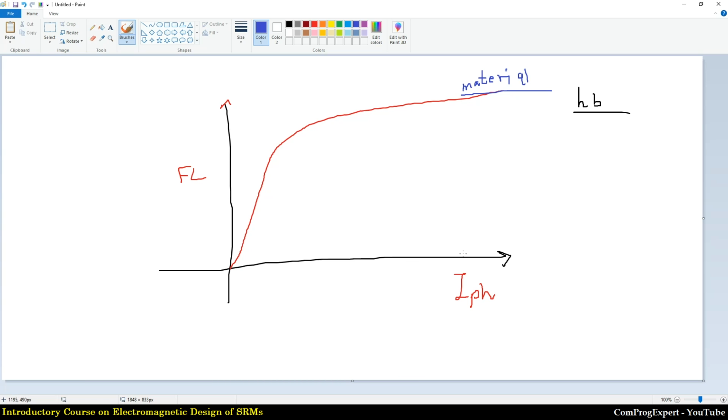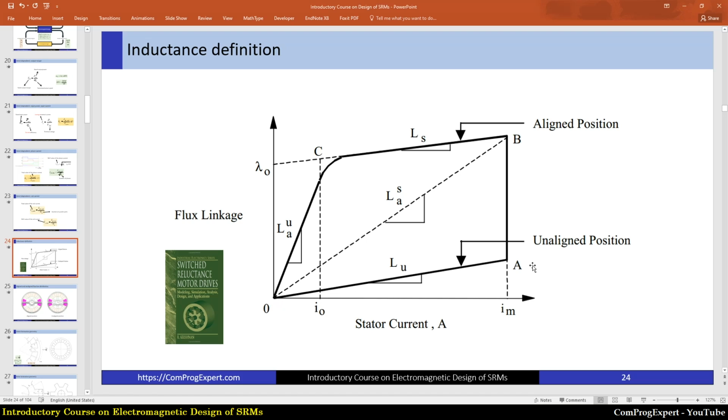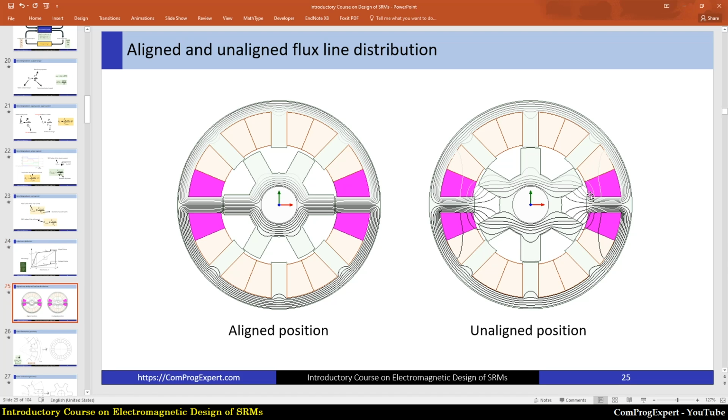But what about the unaligned curve? Here, as you can see, we have a high air gap reluctance, and as long as we increase the level of the excitation current, we don't have much increase in the value of flux linkage because we have a high air gap.